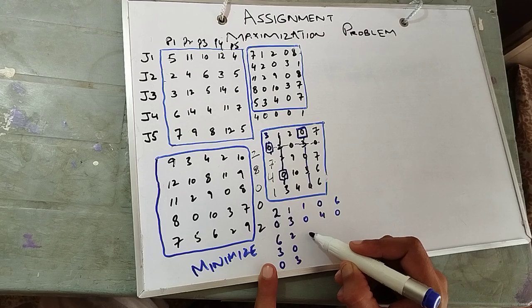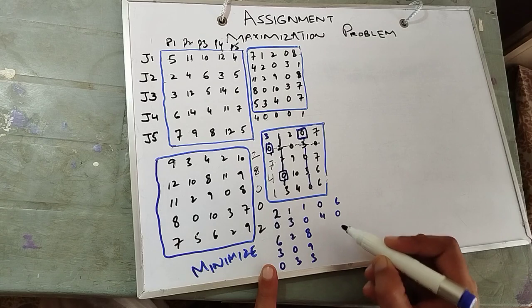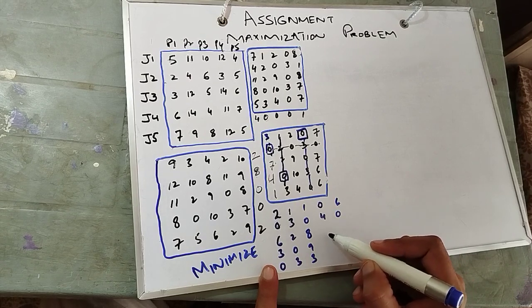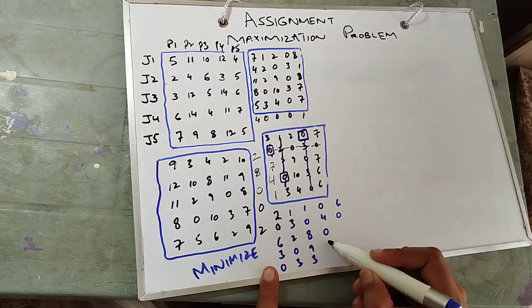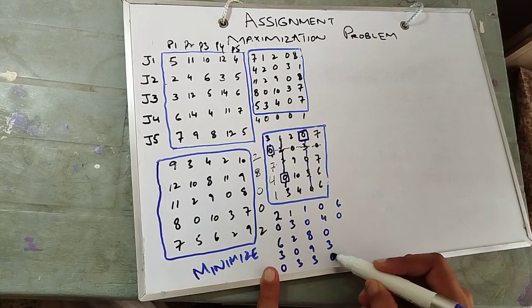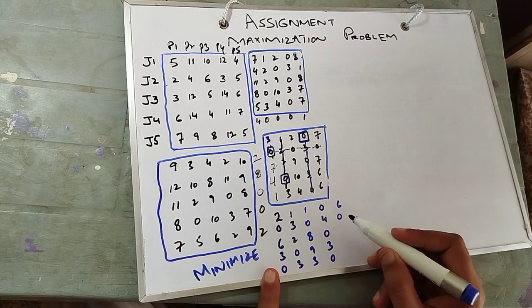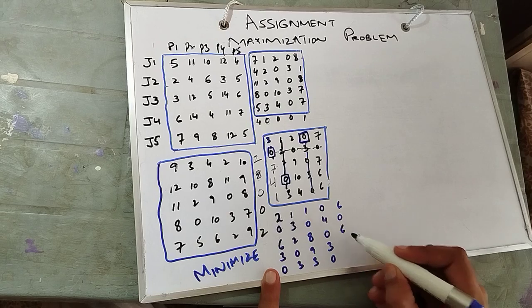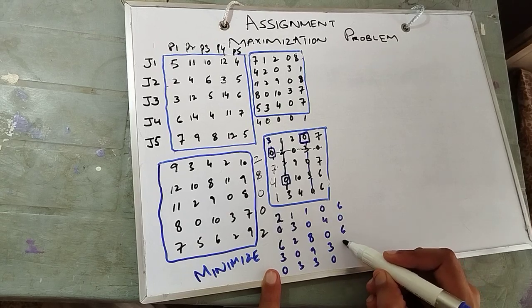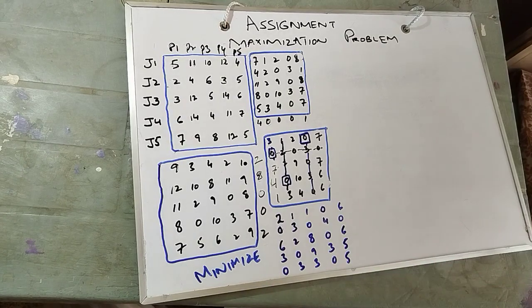Now other elements would be 8, 9, 3. These will be same. 6, 0, 6, 0, 6, 5, 5.